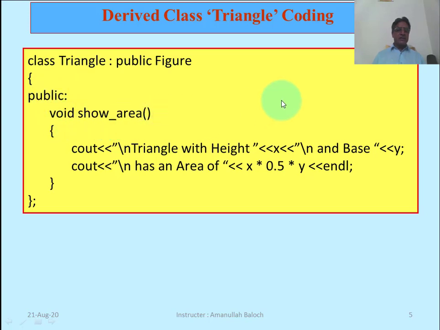We know that a right angle triangle has just two things.